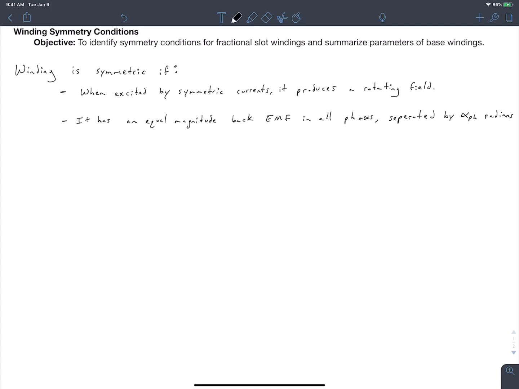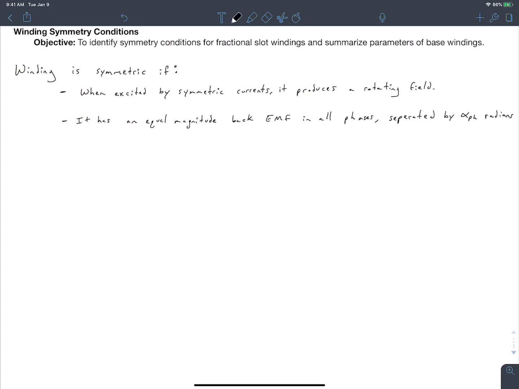And I've put on the screen two definitions for whether or not you have a symmetric winding. The first is that a symmetric winding will create a rotating field when it's excited by symmetric currents. What are symmetric currents? Well, in a three-phase system, symmetric currents are sinusoidal currents that have the same magnitude and are delayed from each other by 2π/3 radians.